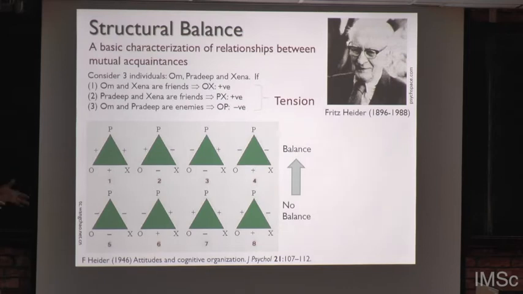So at some point, something will happen, and eventually the situation would be resolved where, let's say, Pradeep manages to convince Sinha that Om is a very bad person, and you would end up with a situation like this, where Sinha now detests Om also. So now you have a very stable relation where Pradeep and Sinha are friends and they both hate Om. Okay? So that's a very stable situation.